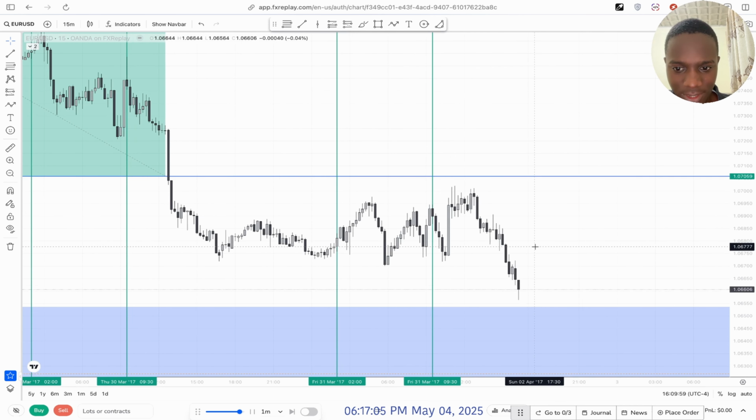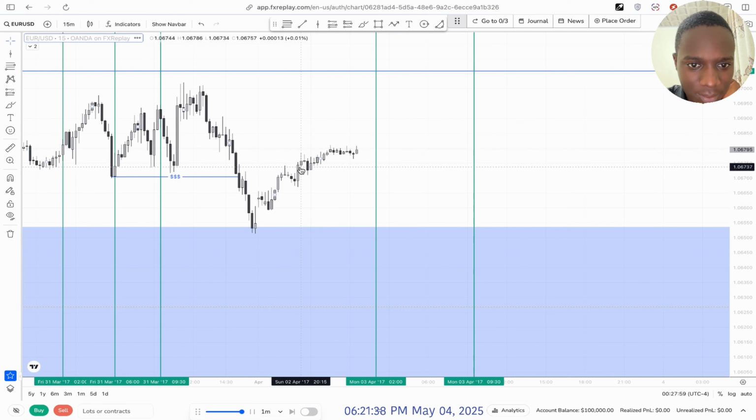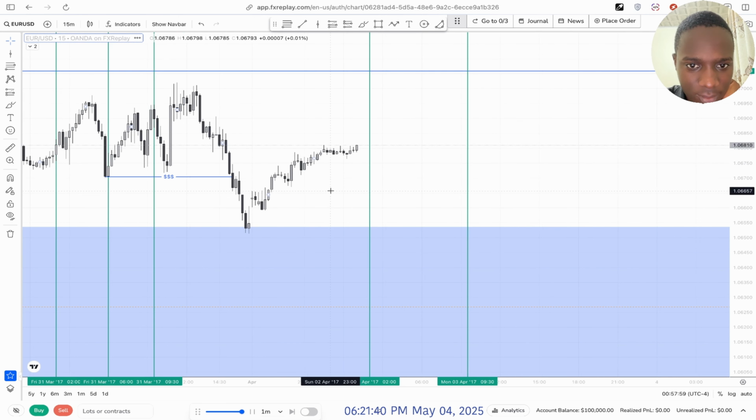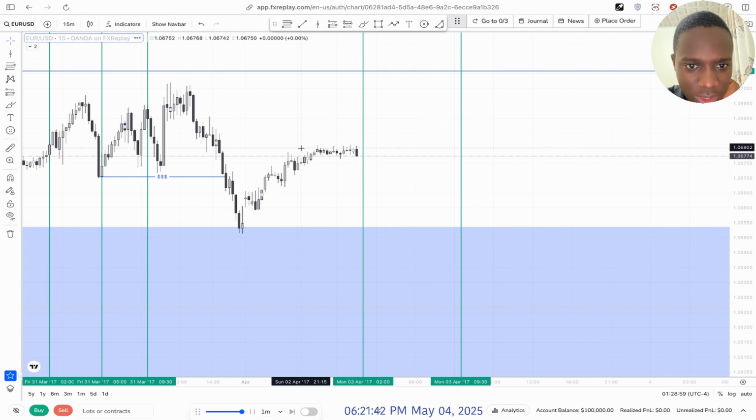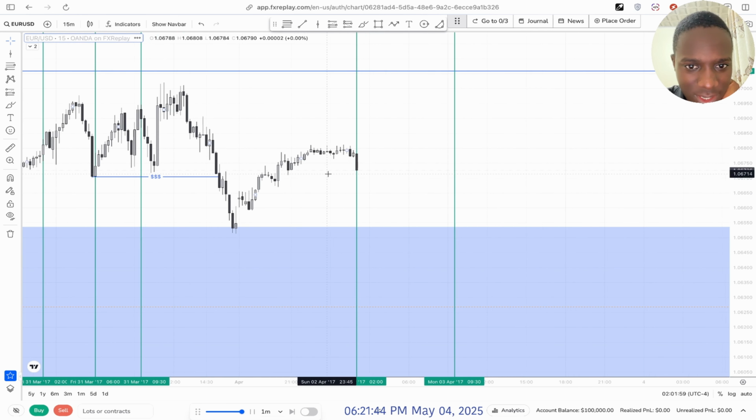I have a good reaction of our fair value gap in here. That's the reaction we're having. And by the start of London, we had a big drop.